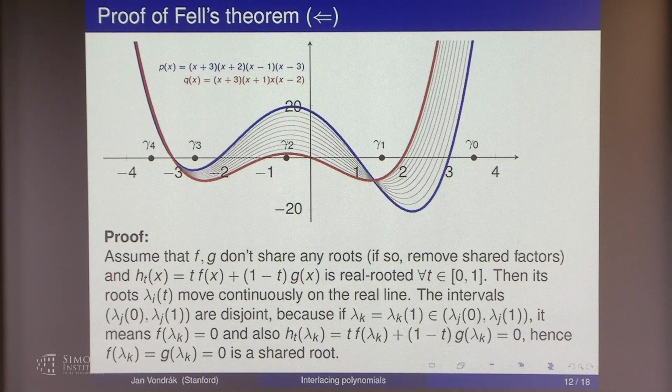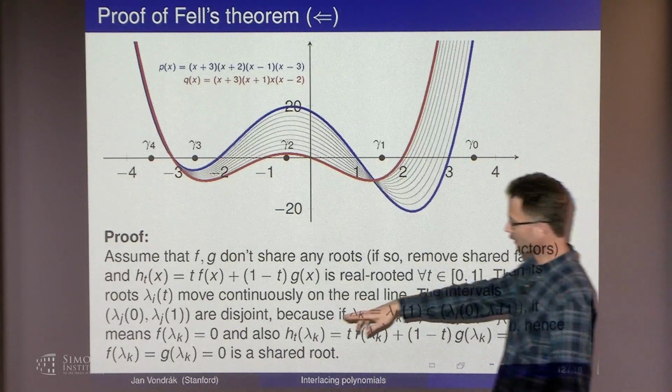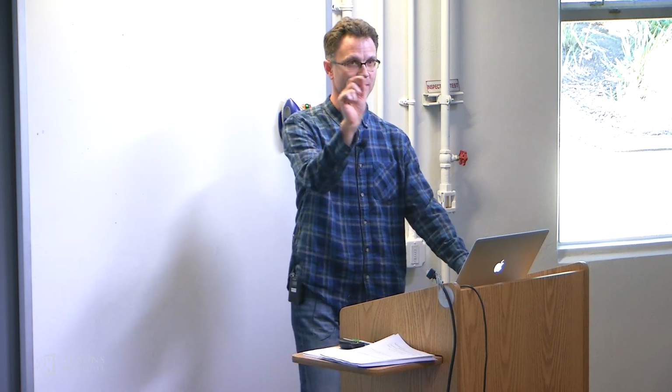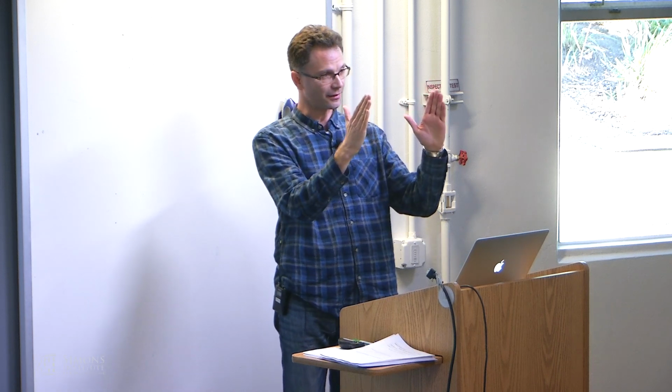Right. When you say lambda j of 0, you really mean the infimum of all the lambda j's over t, and lambda 1 is the supremum. Well, no, actually in this proof I mean the starting point. Lambda j of 0 is simply the root of g, I guess. You can also prove that the root is actually not allowed to leave that interval.